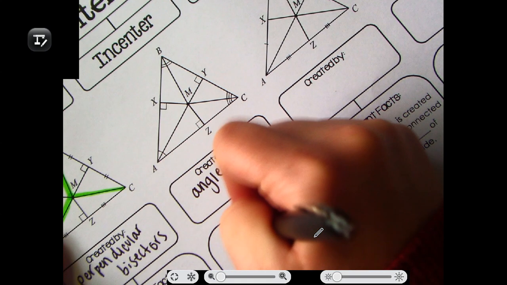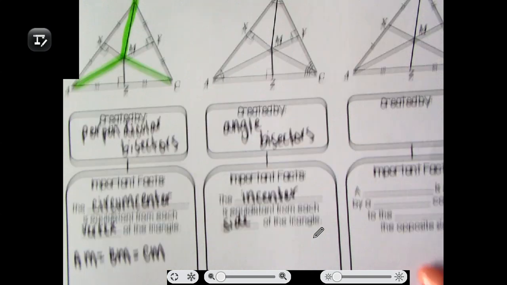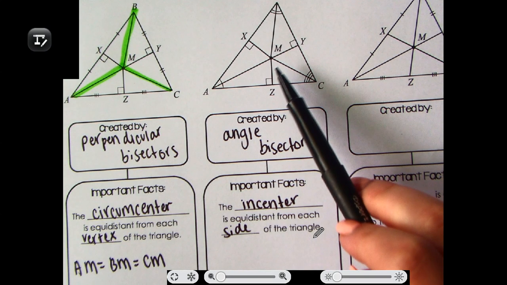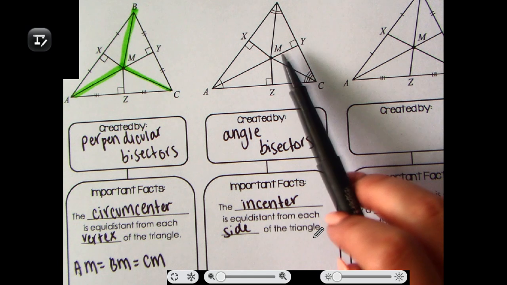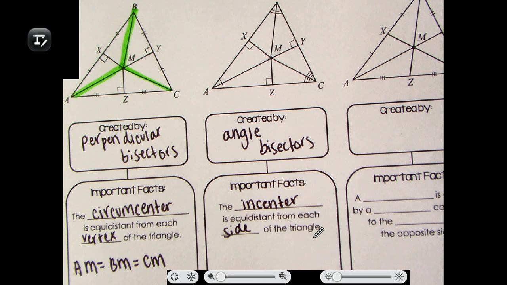So the incenter is equidistant from each side of the triangle. You can see the side-by-side comparison here. These little segments that extend from the incenter to the side are congruent.